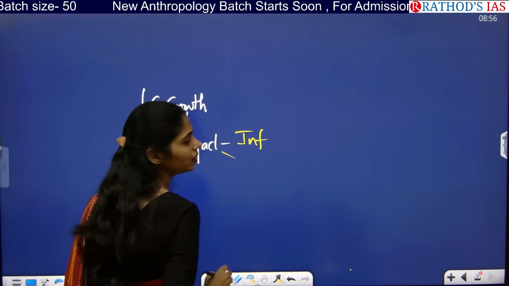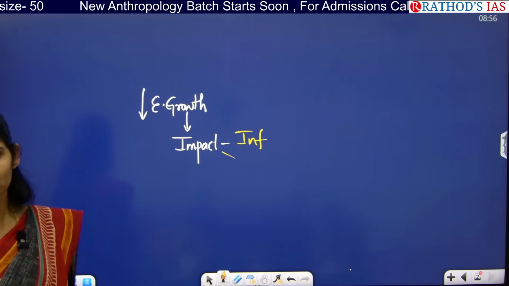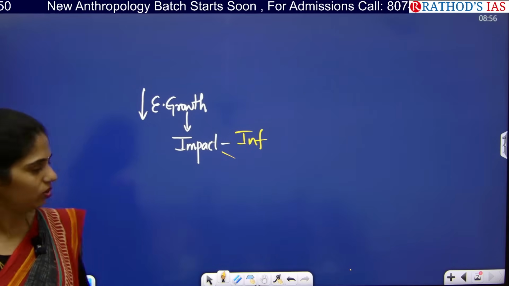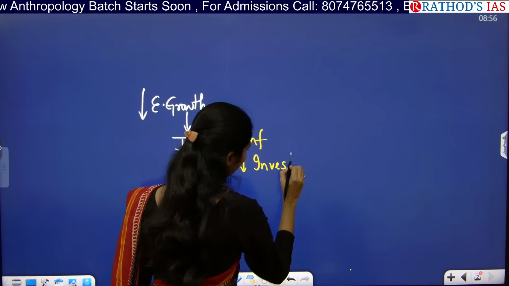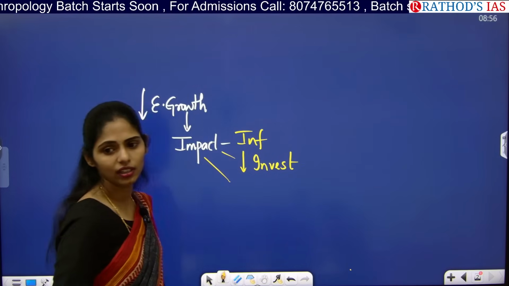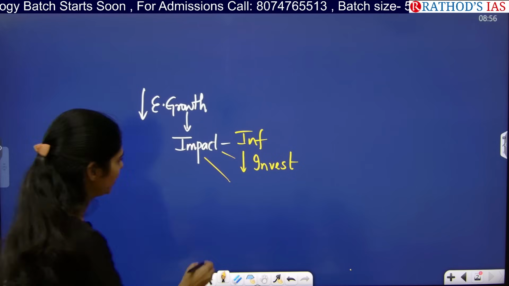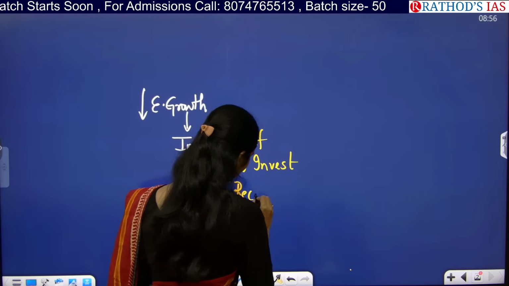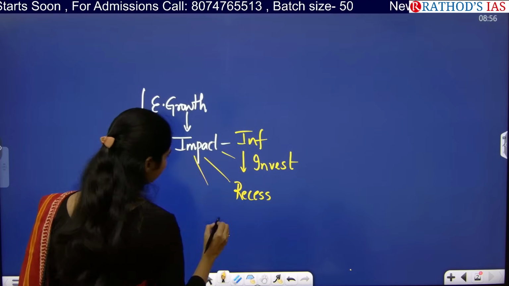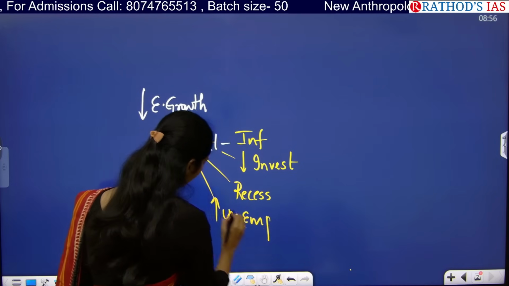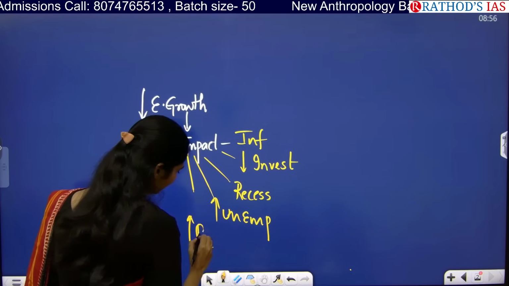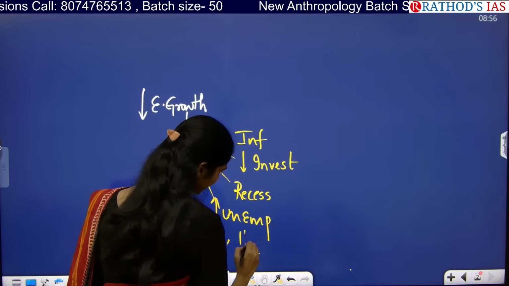Next. Can we attract investments? No. Okay, decreasing investments. Next. Okay, it may lead to recession. Next, unemployment rate. Yes, increased unemployment. What about poverty? Increased poverty and hunger.